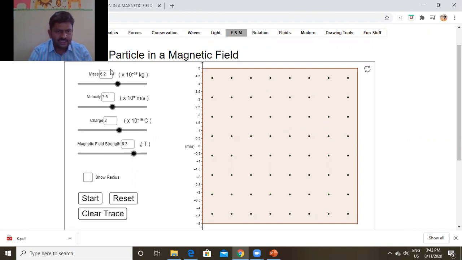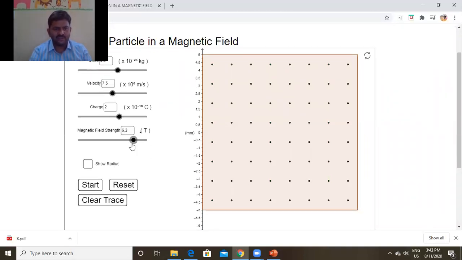Here the mass is 6.2 into 10 to the power minus 25 kg, velocity is 7, these are the initial values, charge is 2 into 10 to the power minus 18 coulomb, magnetic field, let us say it is 6 Tesla. Using this we can change the values of any field. These dots indicate that the magnetic field is perpendicular to this screen.